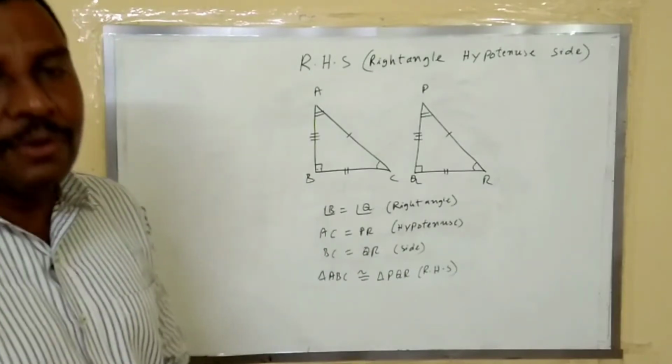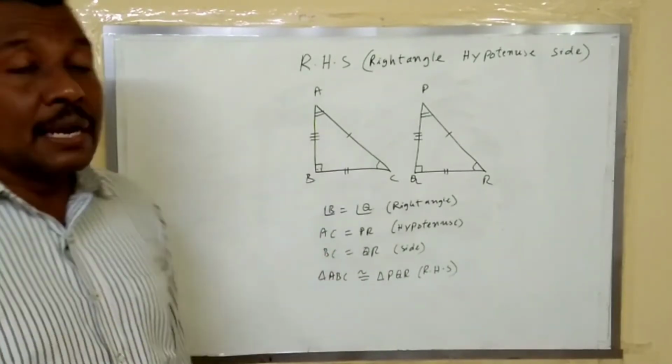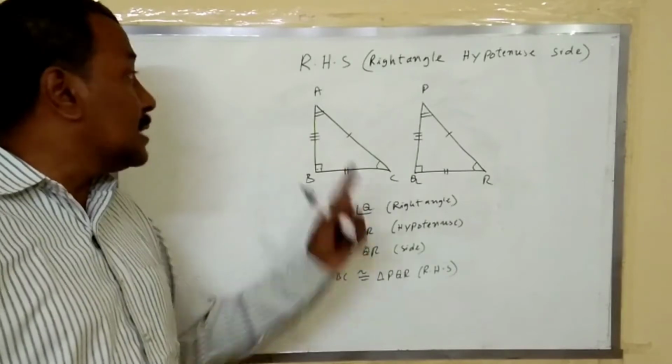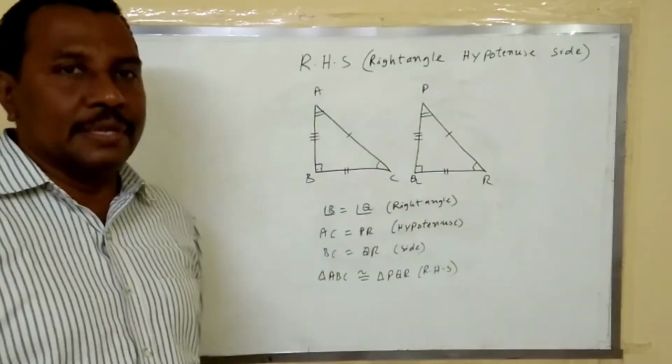Like that, we can say that two right triangles are congruent if they satisfy RHS congruency.